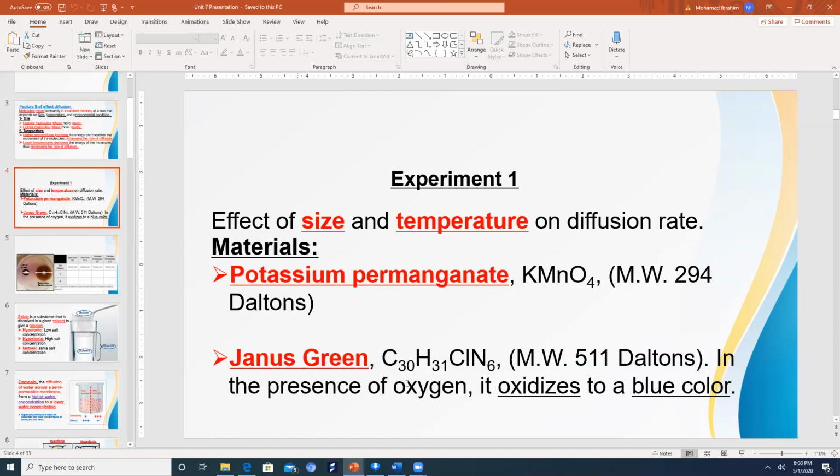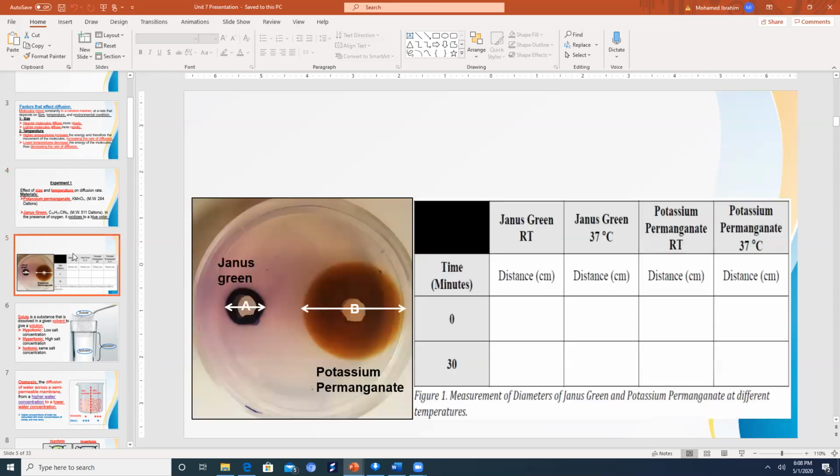So you can see Janus green is roughly twice the molecular size of potassium permanganate. In the experiment, we have Janus green in lane A and potassium permanganate in B, and we let that plate, which is agar media, sit at two different temperatures.